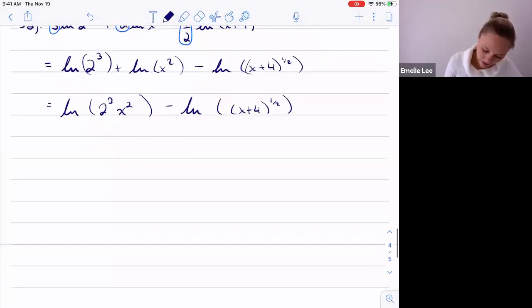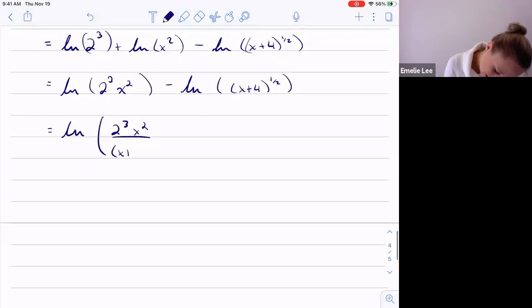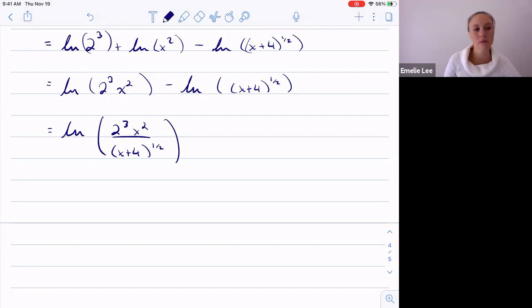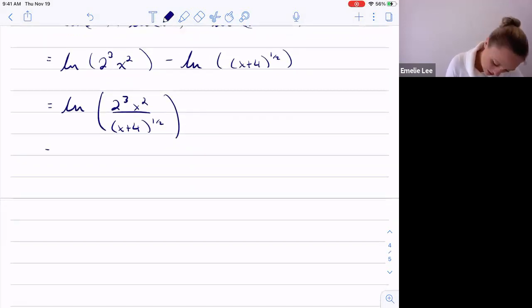Okay. So now I'm subtracting here, which means it's going to become division. So I have the natural log of 2 to the 3 x squared divided by x plus 4 to the 1/2. Which is the same as the ln of 8x squared divided by the root of x plus 4.